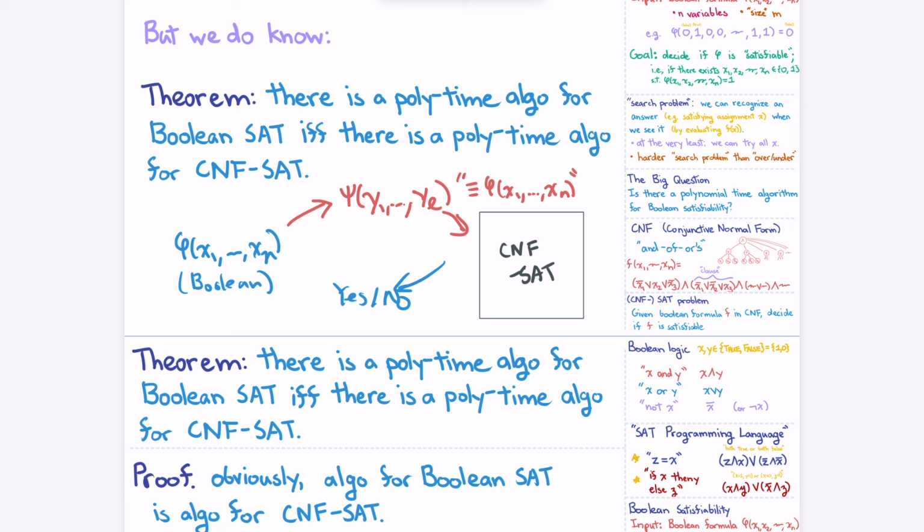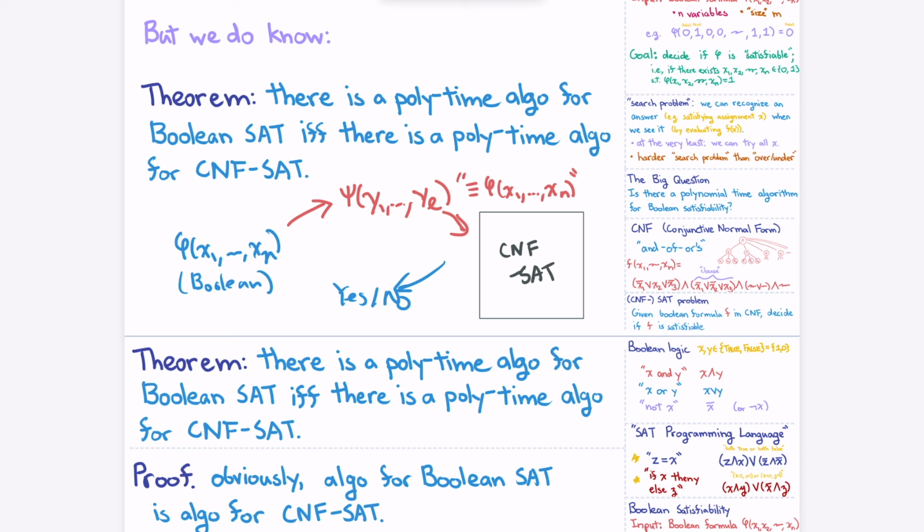There's one more detail to keep track of though. I can't just turn it into any CNF formula. The conversion needs to be in polynomial time, and we want the size of the formula to also be polynomial. As you take your Boolean formula and make a CNF formula, you might imagine the size blowing up a bit because you're more restrained in CNF SAT.